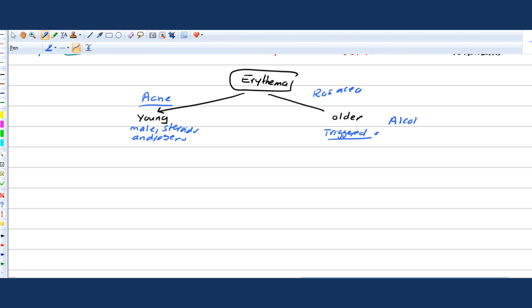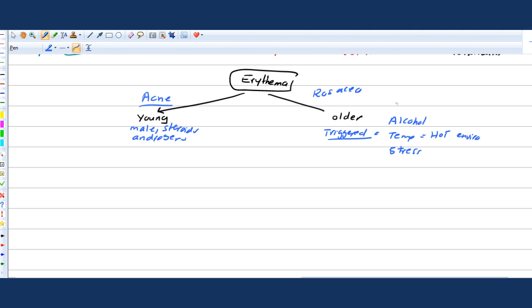Alcohol, number one, hot environment or temperature, or any emotional stress. Three things, guys. You will see it in the test. When the patient is stressed, he will get erythema, and when he drinks alcohol, he gets erythema. He stops alcohol, erythema less.